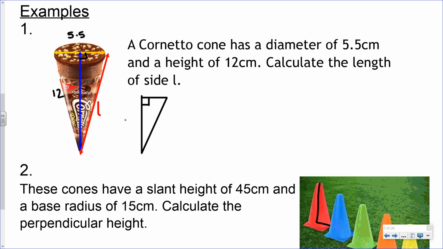Okay, so let's just put those measurements in. So we've got 12 here, the perpendicular height. We want to work out the length L, and this length here then would be halfway between the centre here and the outside. So half of 5.5 then, giving us 2.75. So to calculate length L, which is the longest side in this right angled triangle, we want to square and add the two shorter sides together.